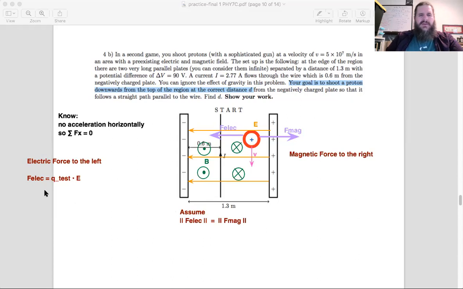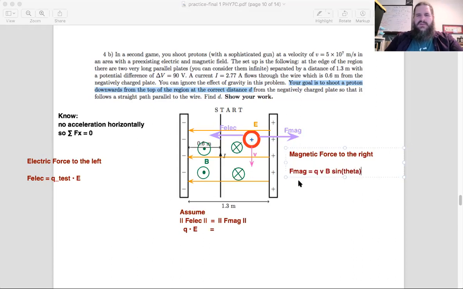We know the magnitude of the electric force is just Q times E. What about the magnetic force? Do you have any formula for how strong you would expect a magnetic force to be? Yeah, QVB sine theta.